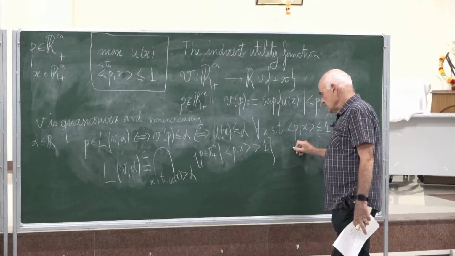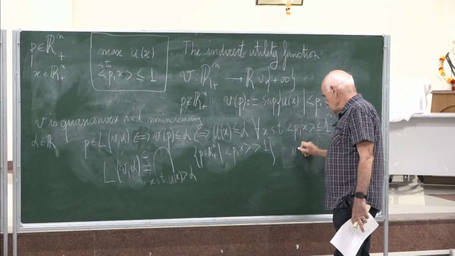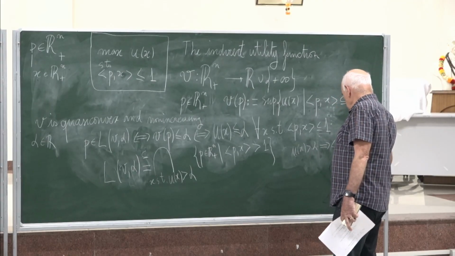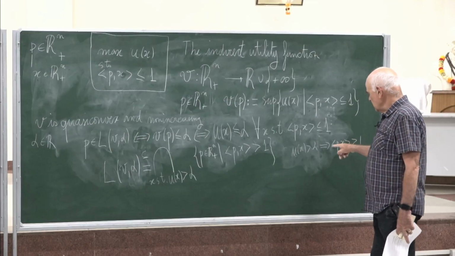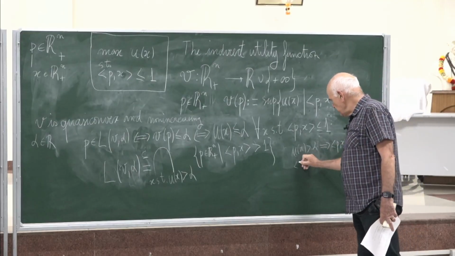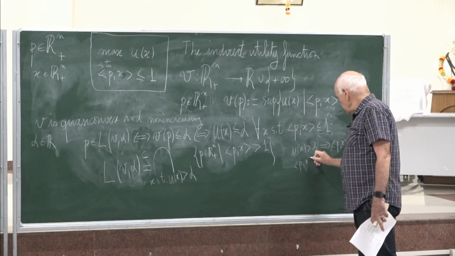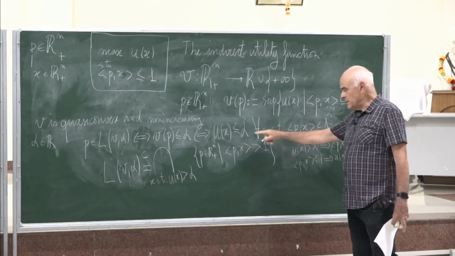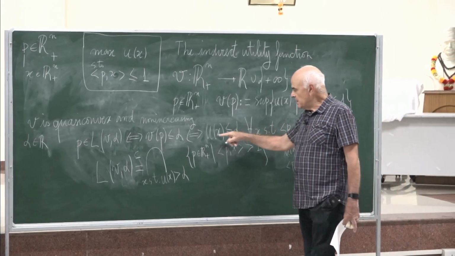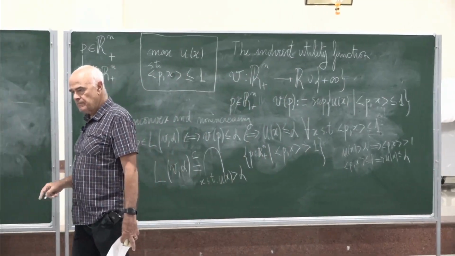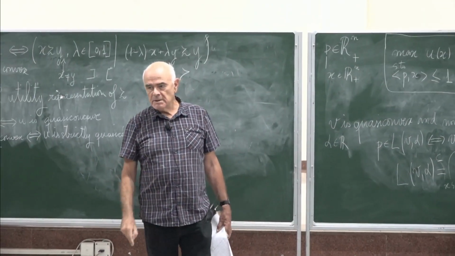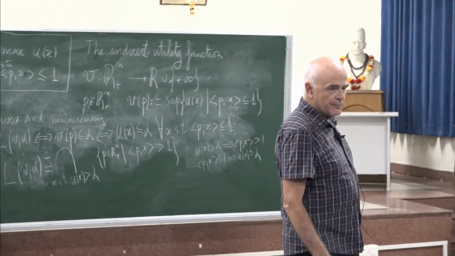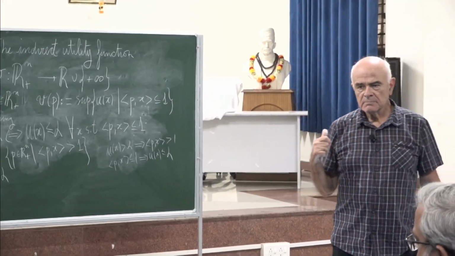This means U of x greater than alpha implies Px greater than 1. The contrapositive of this is Px less than or equal to 1 implies Ux less than or equal to alpha. That is what we are stating here. And this means that V of P is less than or equal to alpha. So V is in the lower level set. Was this clear? Is this clear enough?